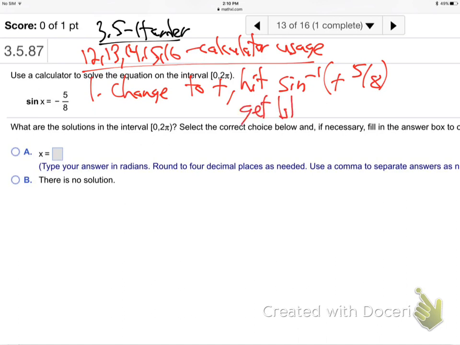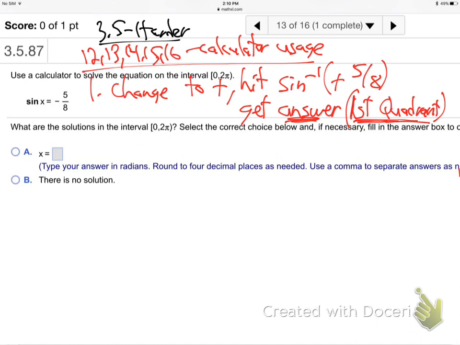Get the answer from that. And this is the first quadrant. When you change to positive like that, you get the first quadrant answer. That's what you're getting. So here's the method for doing these.